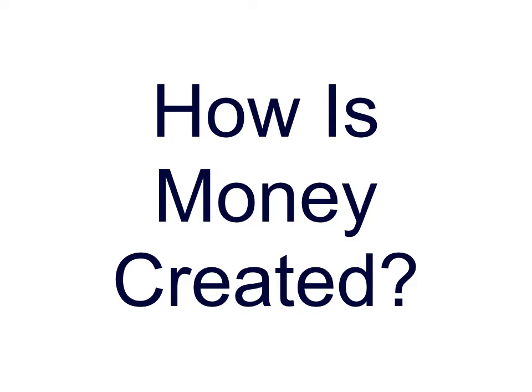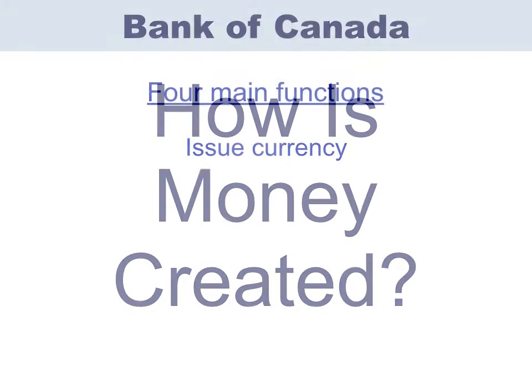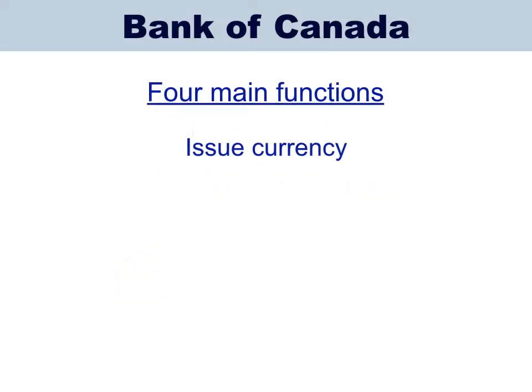Let's talk about how money is created by the Bank of Canada. The Bank of Canada has 4 main functions. So they issue the currency. So they're in charge of the actual currency, the dollar bills and the coins that are in your wallet. They send it out into the system, out into the economy, and they also take old bills that might be destroyed or damaged in some way, and they replace them with new bills. Right.